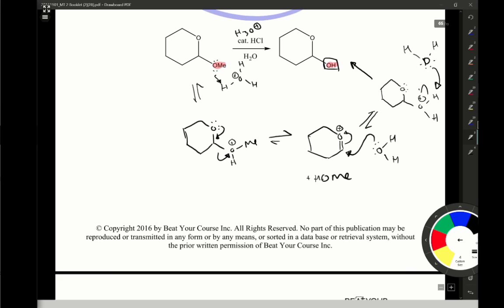It's going to pull off that proton, and we're going to end up with our product. And I want to add one note. That could have attacked from either the top or the bottom right here.